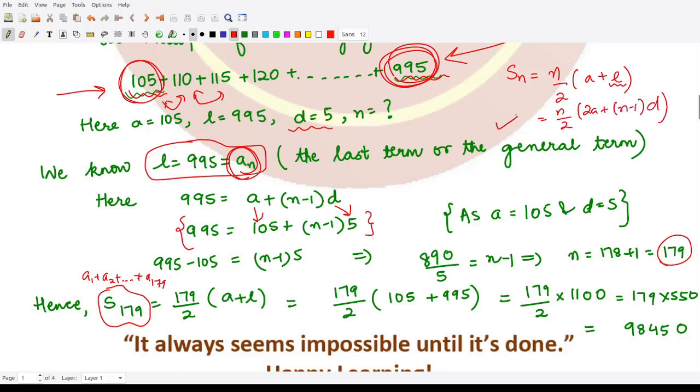This was the formula otherwise. But we are using this formula because we have the last term l with us. So it is n by 2, n is 179 divided by 2, the value of a is 105, the value of l is 995. So substituting all the values here, we have the final answer as 98450. You can solve and verify your answer from here.